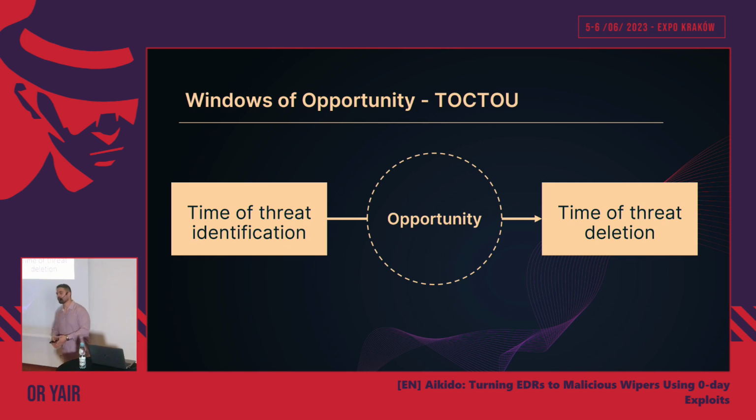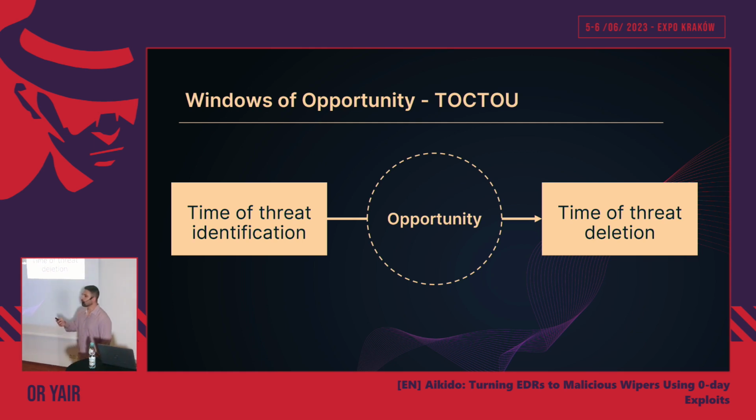First of all, there's the time in which the EDR detects the malicious file and decides to delete it. And then we have the second event in which the file is actually being deleted. Between these 2 events, I imagined a potential gap which I might be able to abuse, using junctions to point the EDR towards a different path.